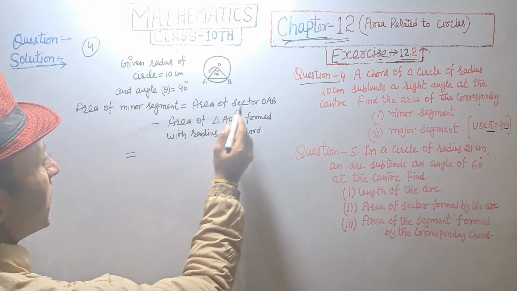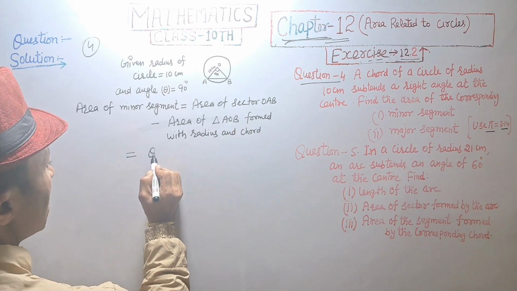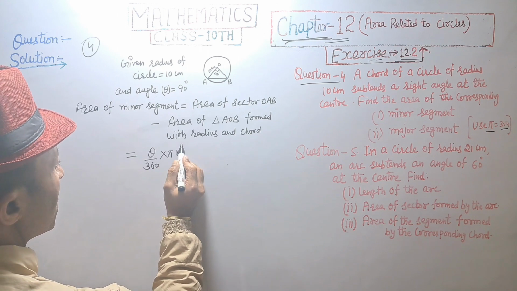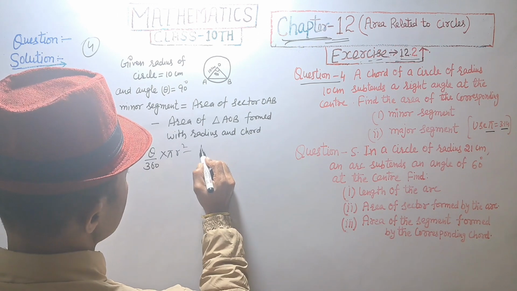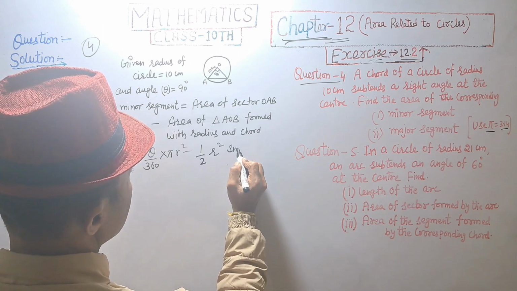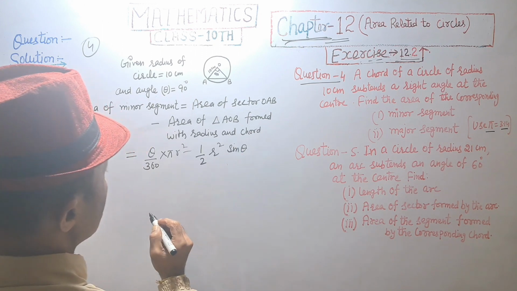That is equal to area of sector, theta upon 360 into pi r square, minus half r square sin theta.